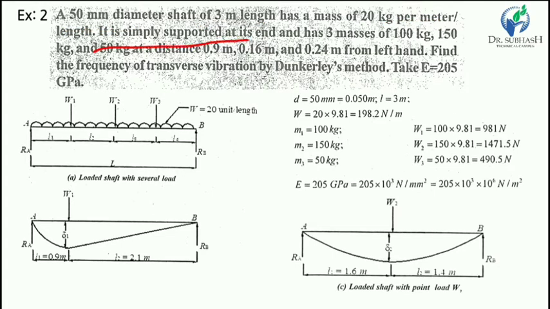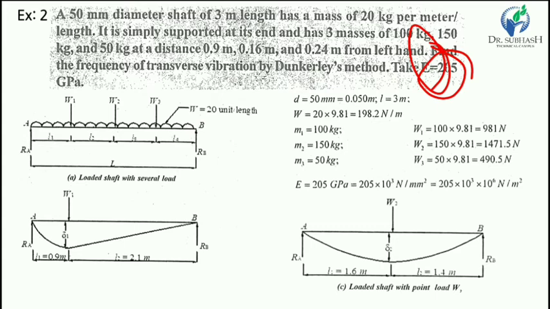It is simply supported at its ends and carries 3 masses of 100, 150 and 50 kg at distances of 0.9 meter, 0.16 meter and 0.24 meter from the left end support. Find the frequency of transverse vibration by the Dunkerley method, and E is equal to 205 gigapascal. The modulus of elasticity value is given.